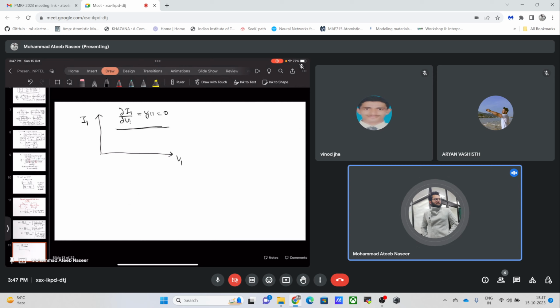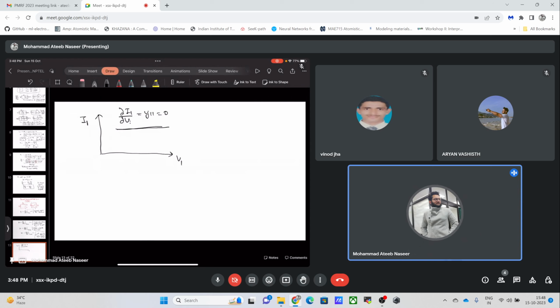Now, how is it associated with the MOSFET operation, whether we are operating the MOSFET in the saturation region or in the triode region? If we use the MOSFET equations that we have been dealing with all the time, let us see the MOSFET equation in the triode region, or the linear region.